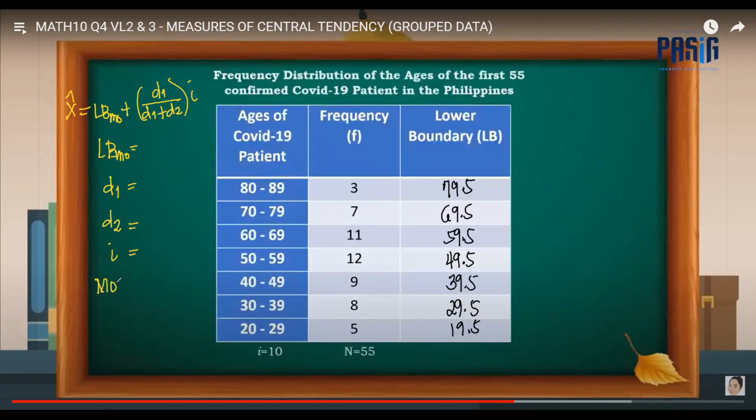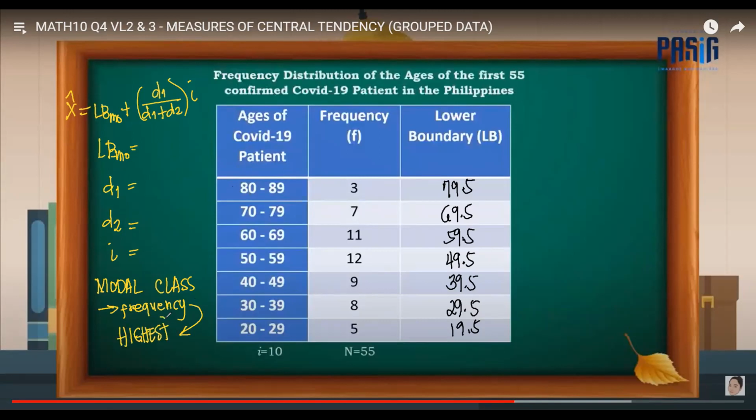Yung modal class po natin ay malalaman natin just by looking at the frequency. Bakit? Kasi yung modal class po natin has the highest frequency.